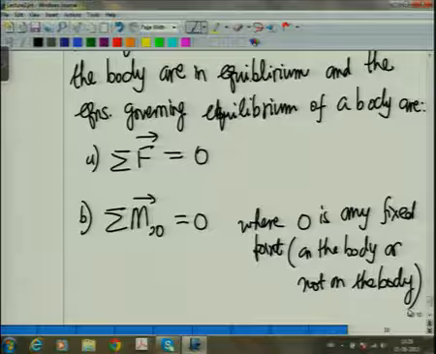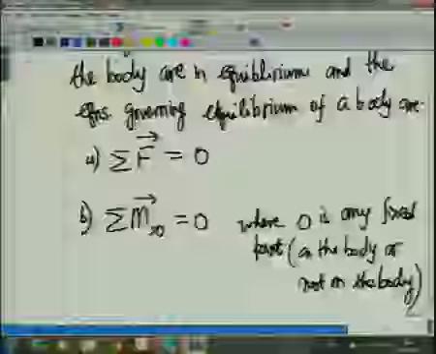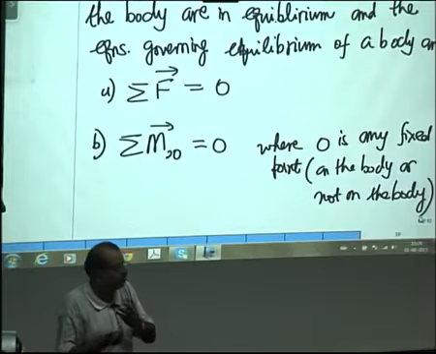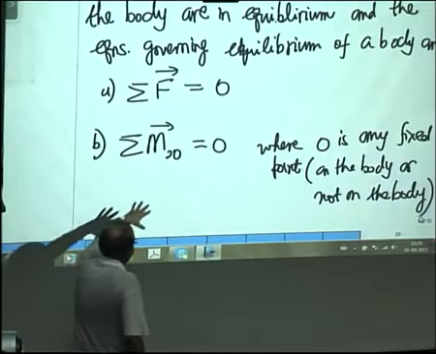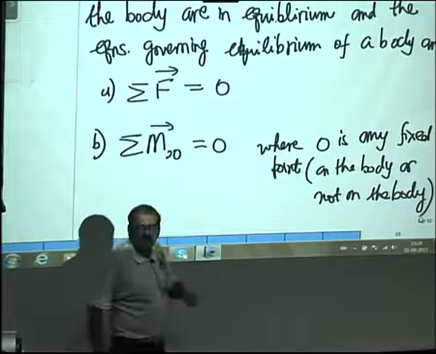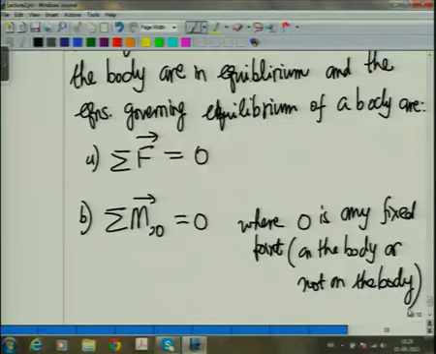In three dimensions, you will get three scalar equations because you will have a component in x, y, and z. Similarly, for the moment equation, if I have a two-dimensional system, I will get only one equation. If the forces are along x, y, the moment equation will give me only a k component. Whereas if it's a three-dimensional system, then this will give me three equations.